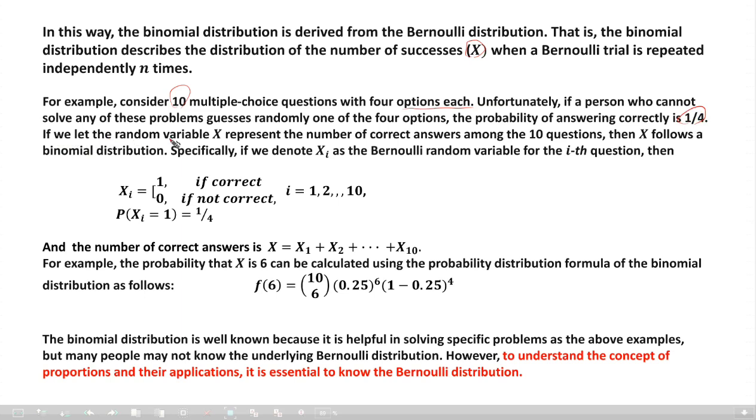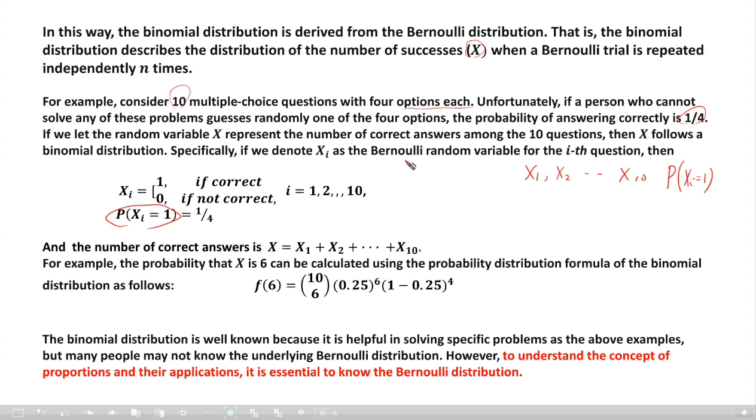If we let the random variable x represent the number of correct answers among the 10 questions, then x follows a binomial distribution. Especially, we denote xi as the Bernoulli random variable for the ith question. There are 10 questions, x1, x2, ..., x10. In this case, the probability of xi equal to 1 is 1/4, right?